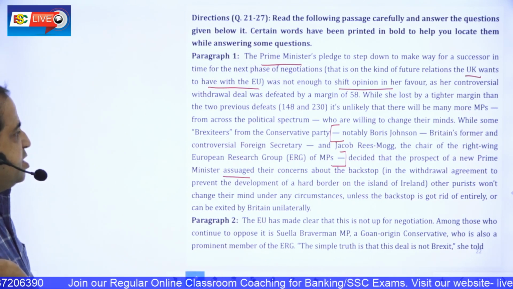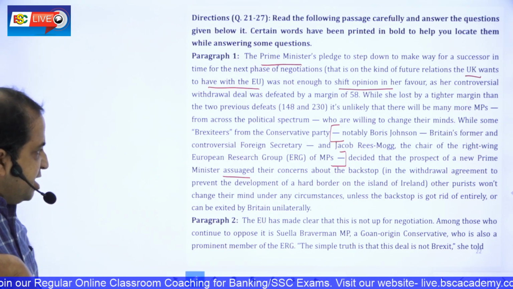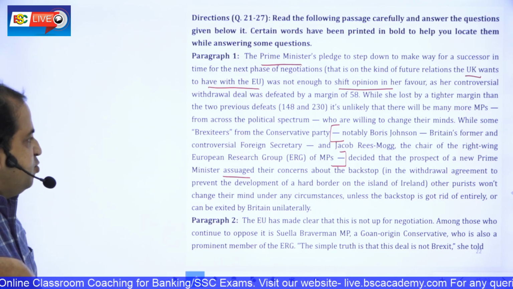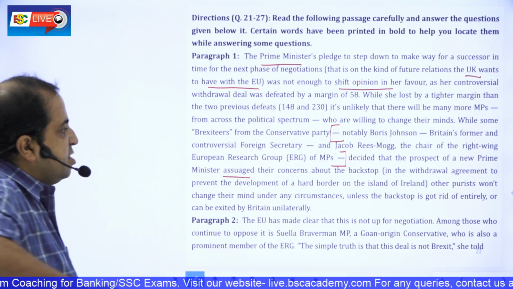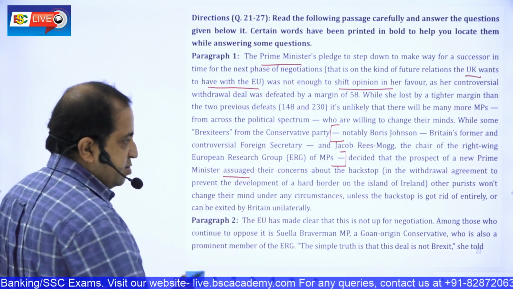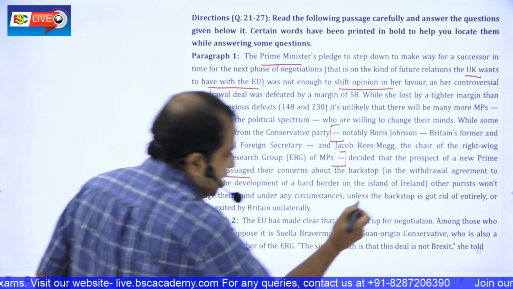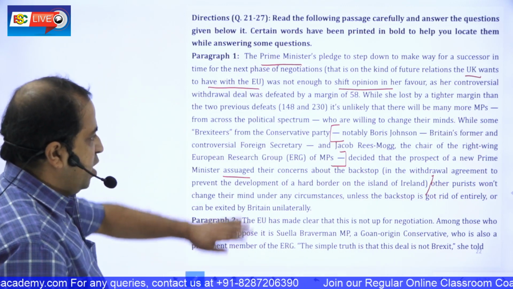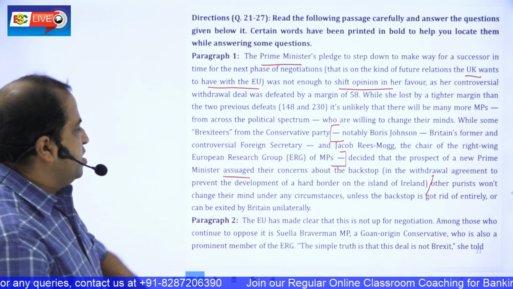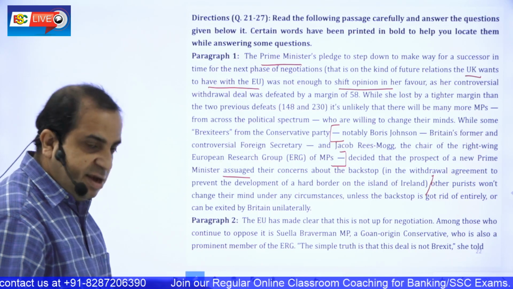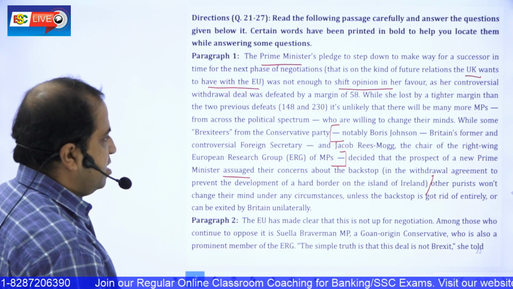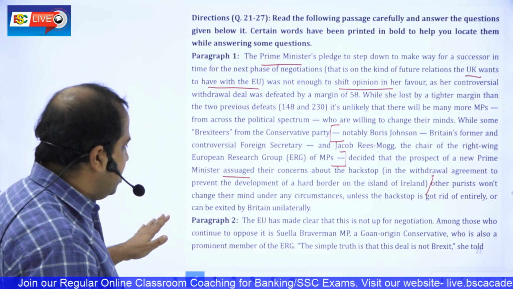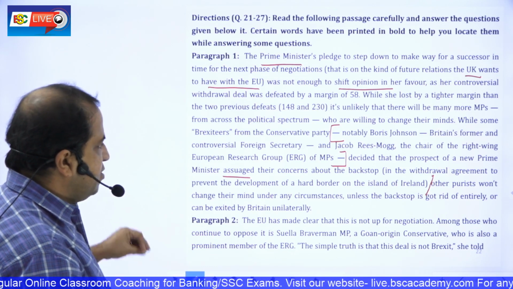While some Brexiteers from the Conservative Party decided that the prospect of a new Prime Minister assuaged their concerns about the backstop, and the other, the backstop is already there, here put a comma or a slash just for the sake of understanding. While this part, other purists won't change their mind under any circumstances unless the backstop is got rid of entirely or can be exited by Britain unilaterally.